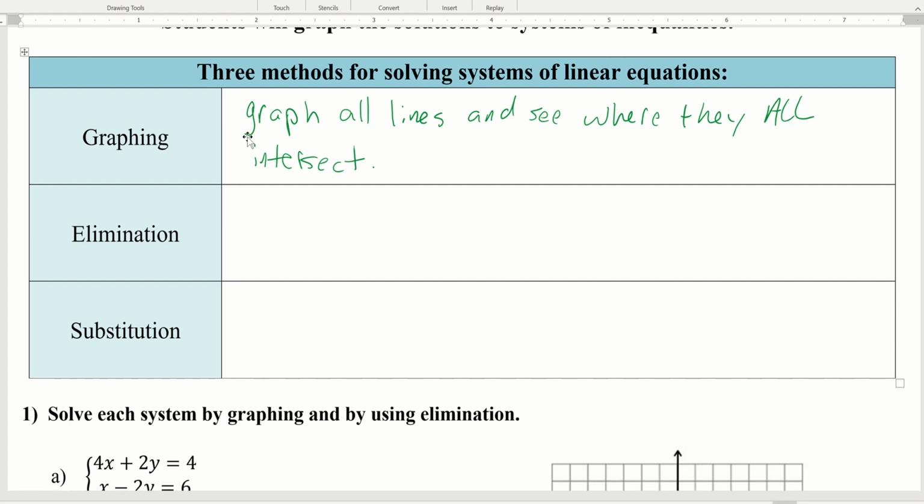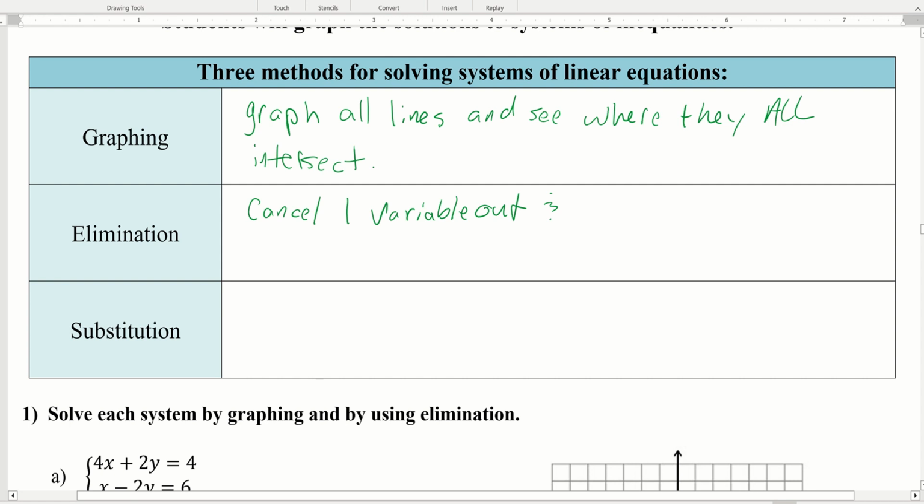You've seen them before, but we're going to practice with them again. With elimination, we're going to try to cancel one variable out. Once we've canceled the one variable out, we solve for the other.